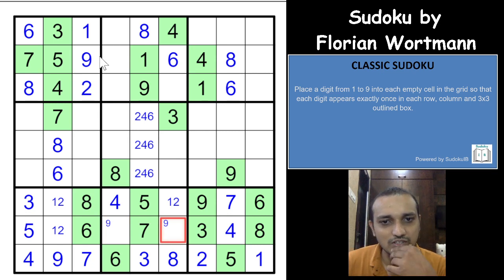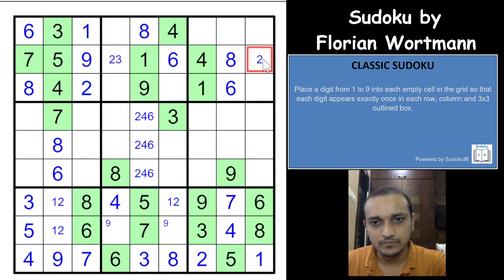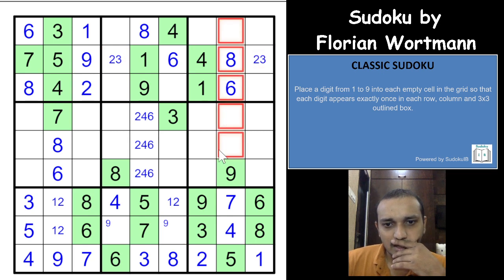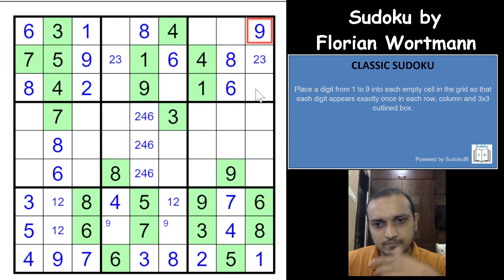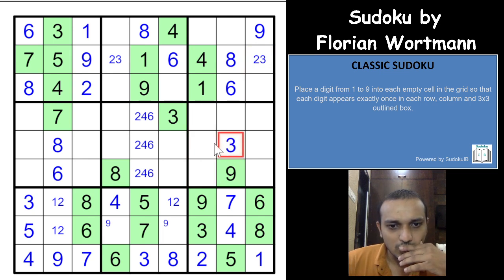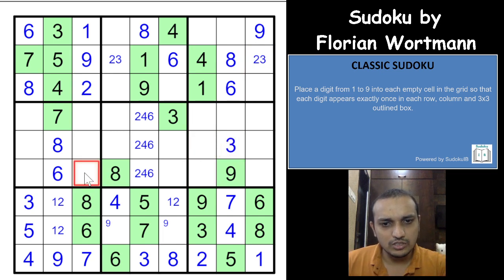Let us see somewhere else now. You'll have a 2 3, 2 3 pair here, and this would have to be a 9, right? So 3 would have to be in one of these two cells, so you'll have a 3 here in this column. That gives you a 3 here, 4 and 5 in these two cells.